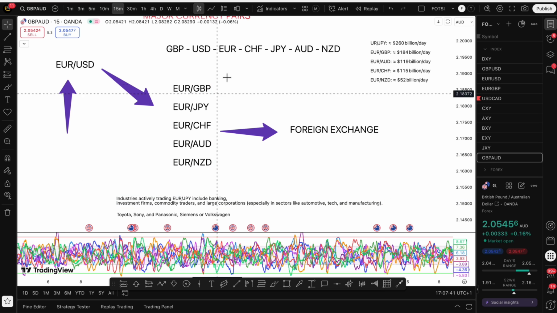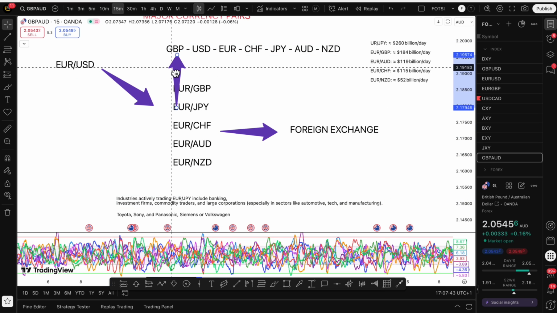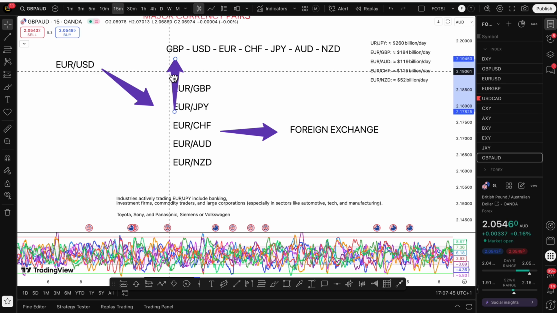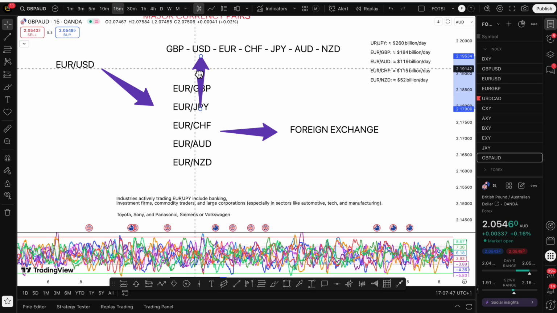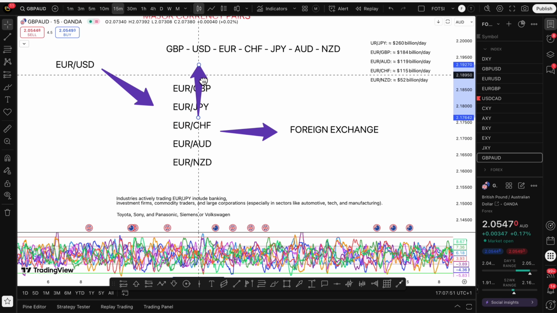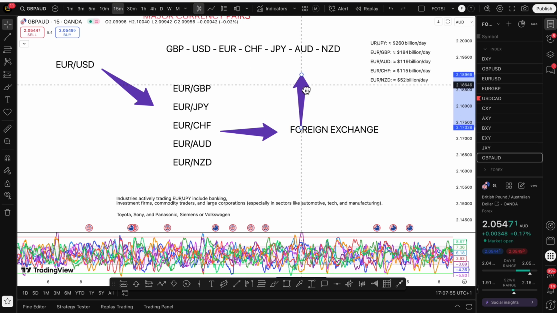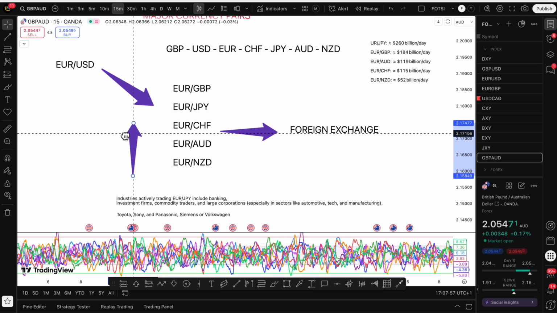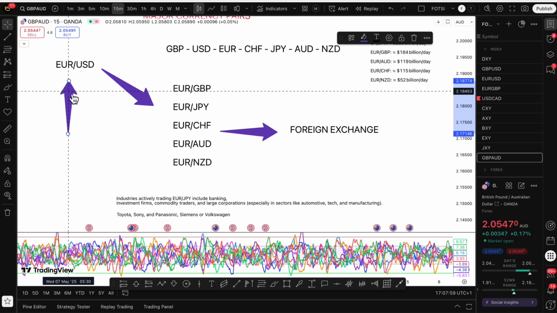So here we see the major currencies of the world's major economies: Great British Pound, US dollar, the euro, the Swiss franc, Japanese yen, Australian dollar and New Zealand dollar. Now these are all the major economies of the world.